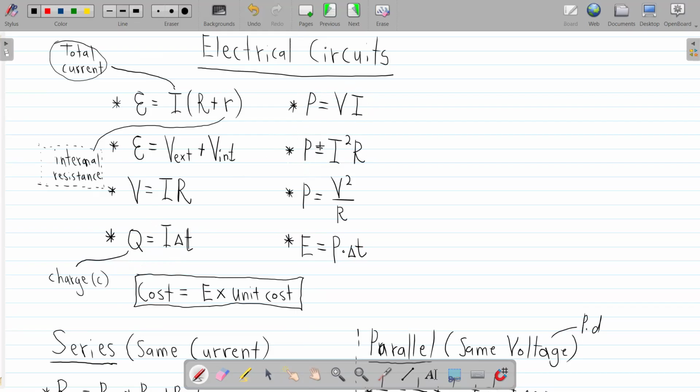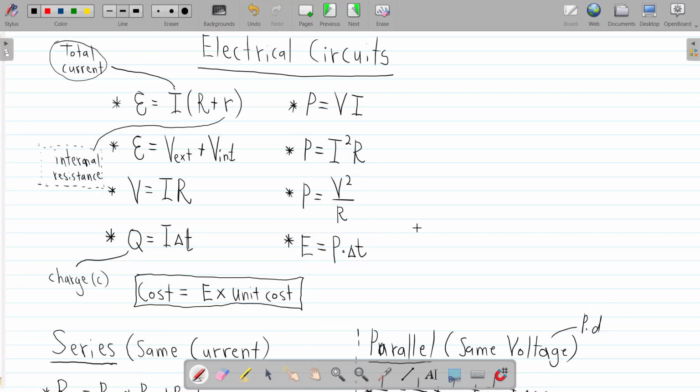And then you also have P equals I squared multiplied by R. So there are three equations for power. Well, the fourth one also involves power, where energy equals P multiplied by the time.